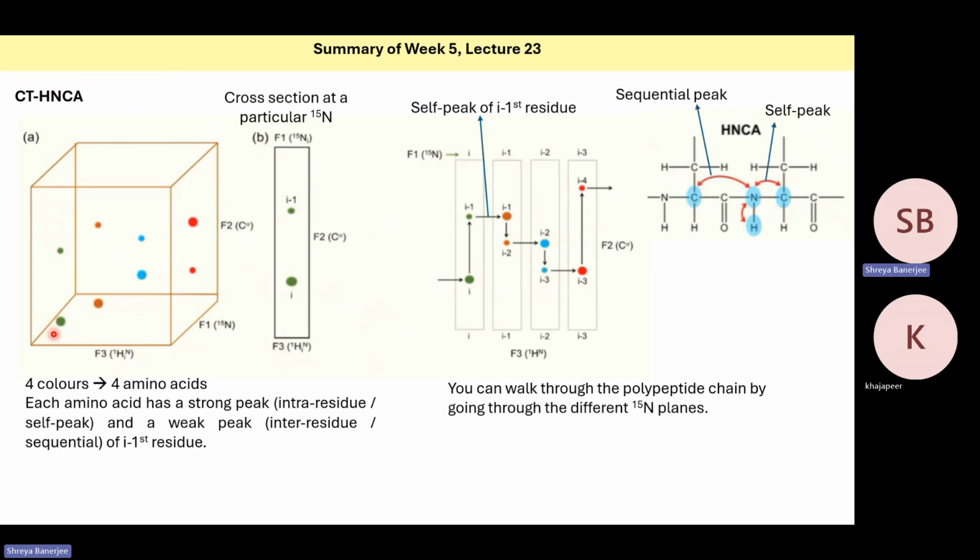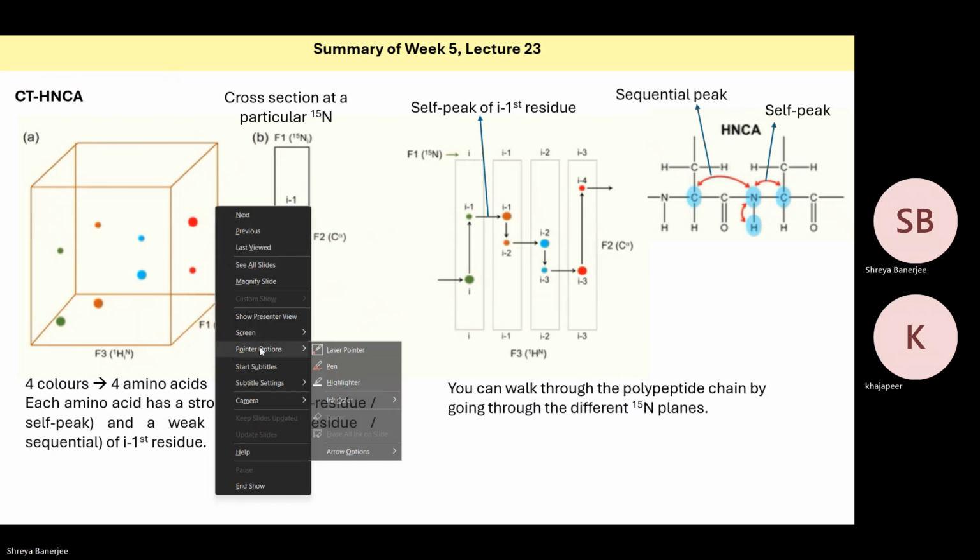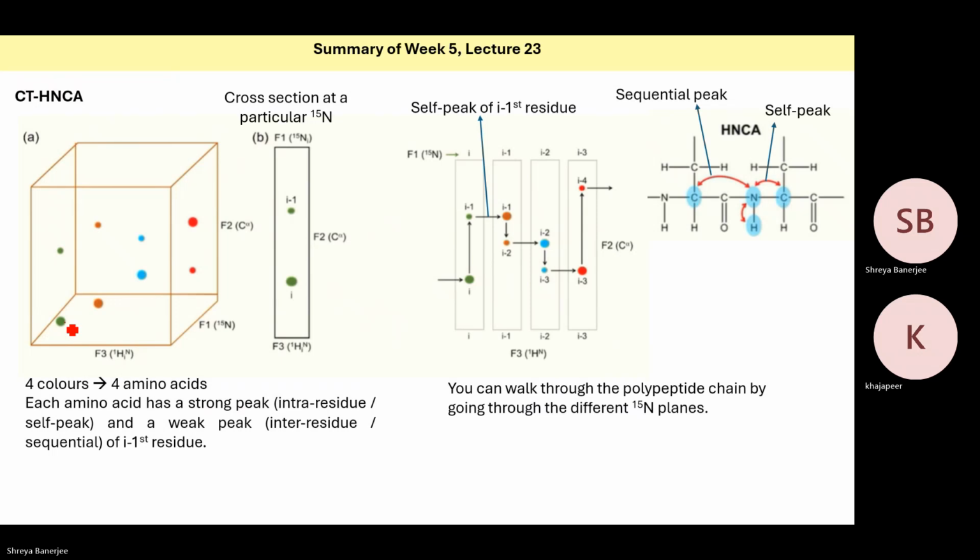Now suppose we take a cross section at a particular value of 15N. You can see 15N is this axis. We are taking a cross section like this.